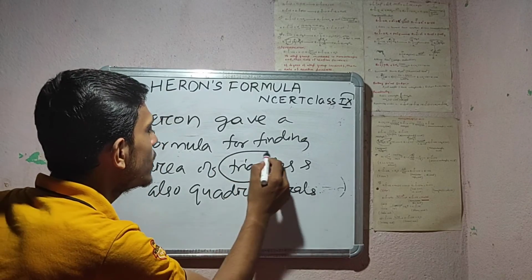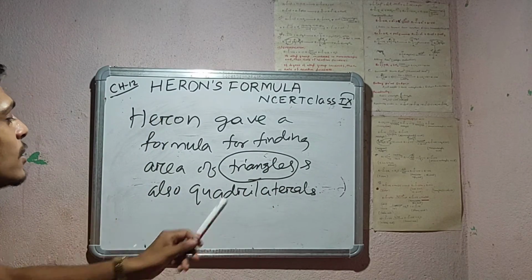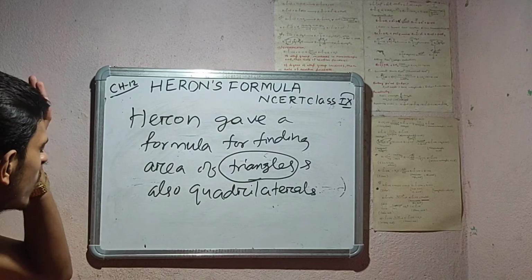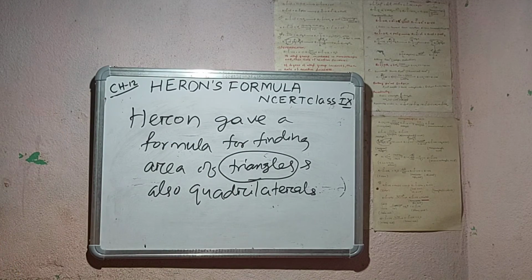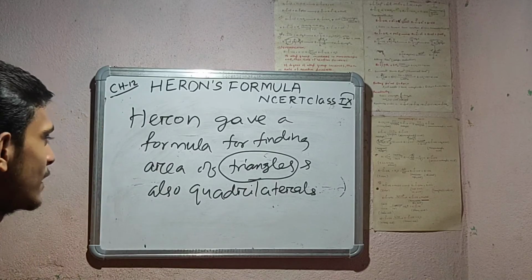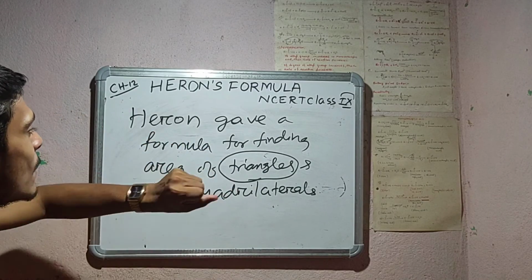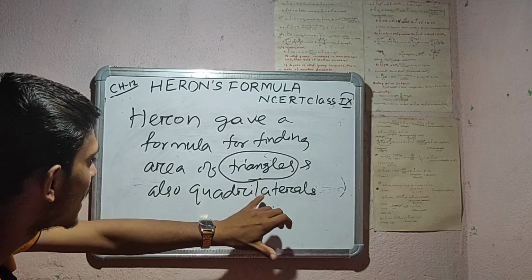Okay. Mainly we now study about the triangles. Also later we will see the quadrilaterals. How can we find area using Heron's formula in the quadrilaterals? Okay, so Heron gave a formula for finding area of triangles and quadrilaterals.